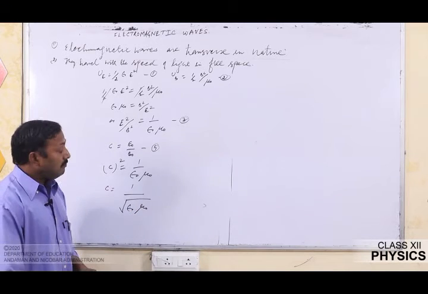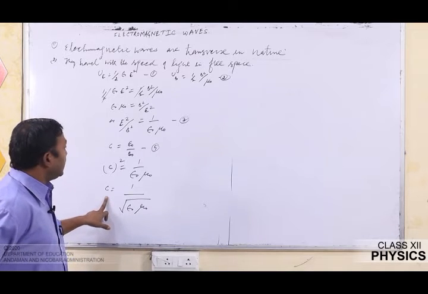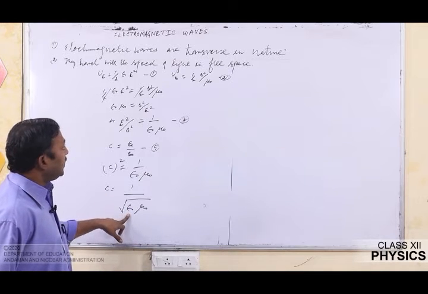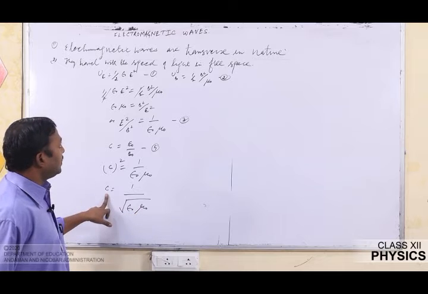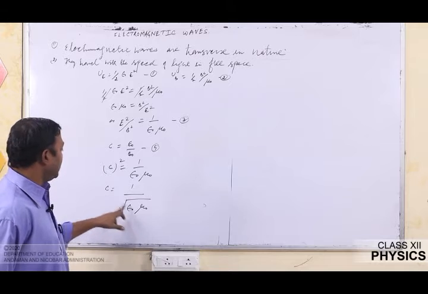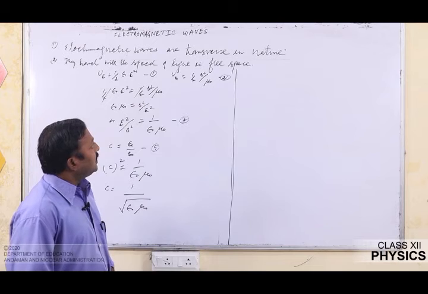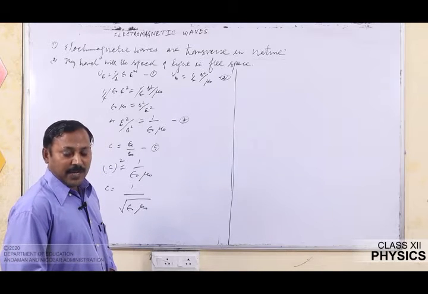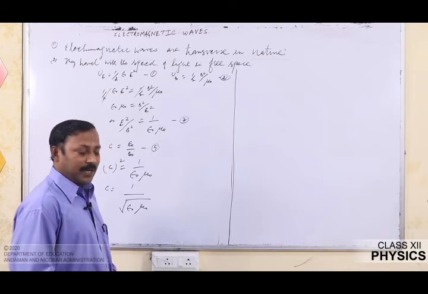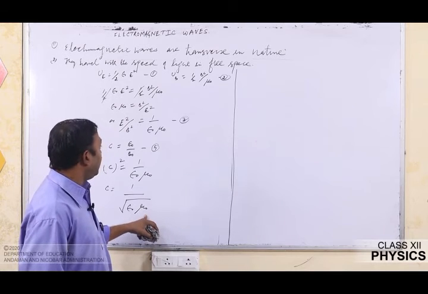That is, the electromagnetic waves in free space will have a velocity equal to the speed of light, and it depends upon the electrical permittivity and magnetic permeability. The relation between the speed of light and the properties of electrical and magnetic behavior is given by C is equal to 1 by under root epsilon 0 mu 0. If the medium is not free space, then the velocity of light may be represented by V, and it will depend upon the dielectric property as well as the magnetic permeability of the medium.